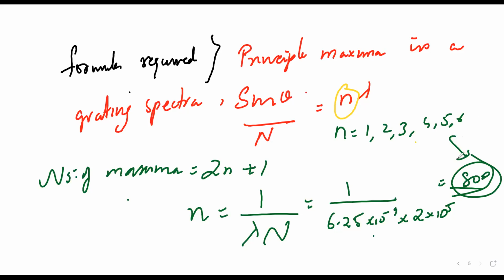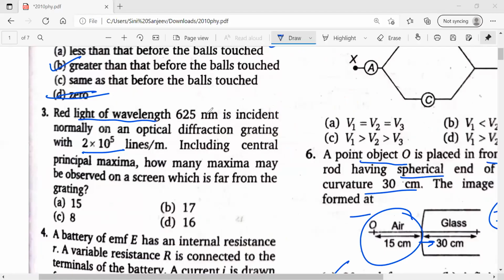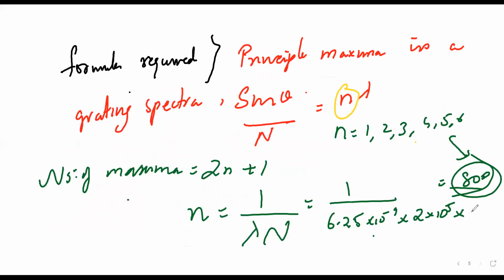N is nothing but my principal quantum number, and the value I'm getting is 800. Because it is 625, not 6.25. Sorry, my bad. So it is 625, in the sense I have to multiply by 10 square. So the decimal place I have to erase, and I'll be getting around 8 here.